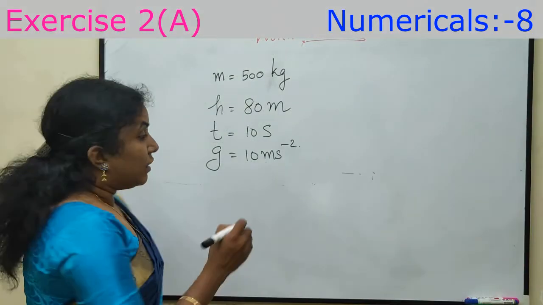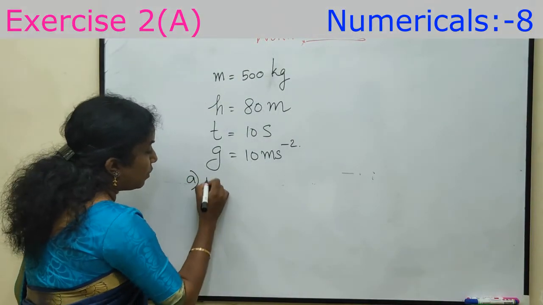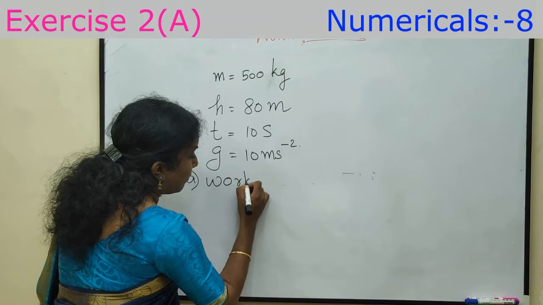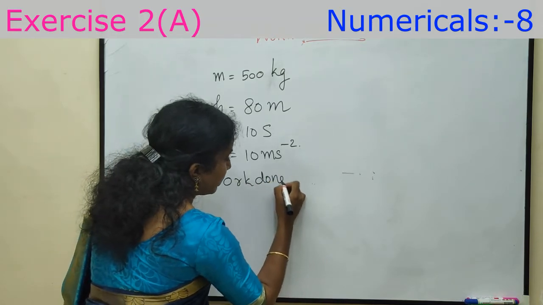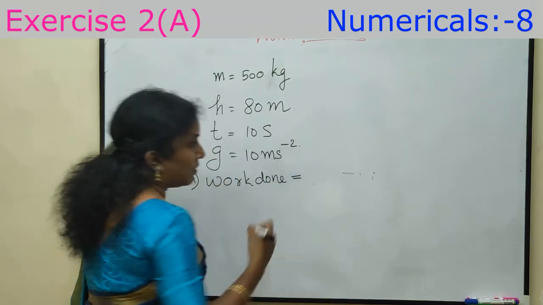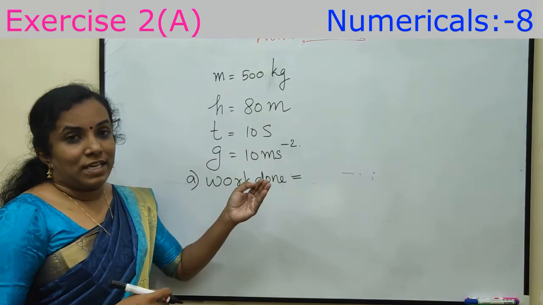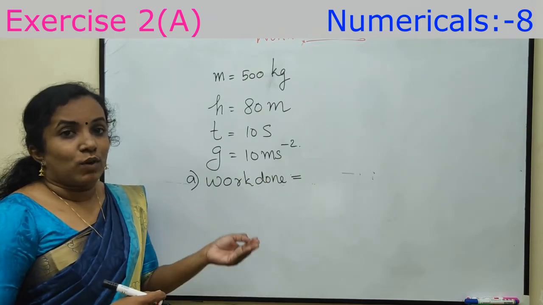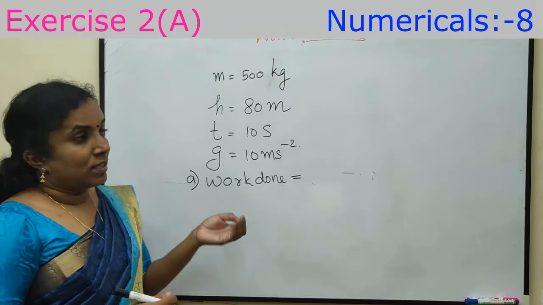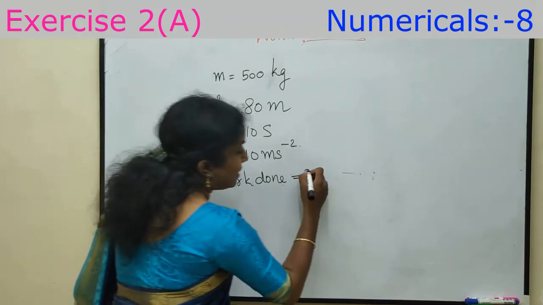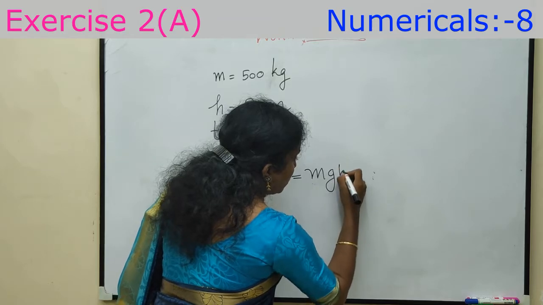So here the first question is work done by the pump. The pump is doing work against gravity when it raises water vertically upwards. So here the work done is mgh.